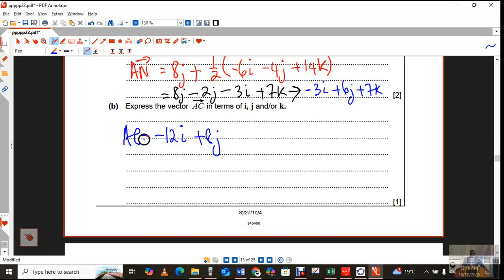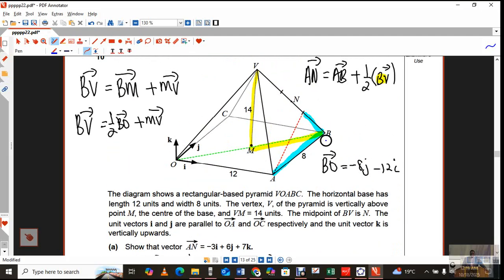This is AC. All right, just to show you that. You go from A all the way to C, it's minus 12I. You're going against this, plus 8 in the J direction.